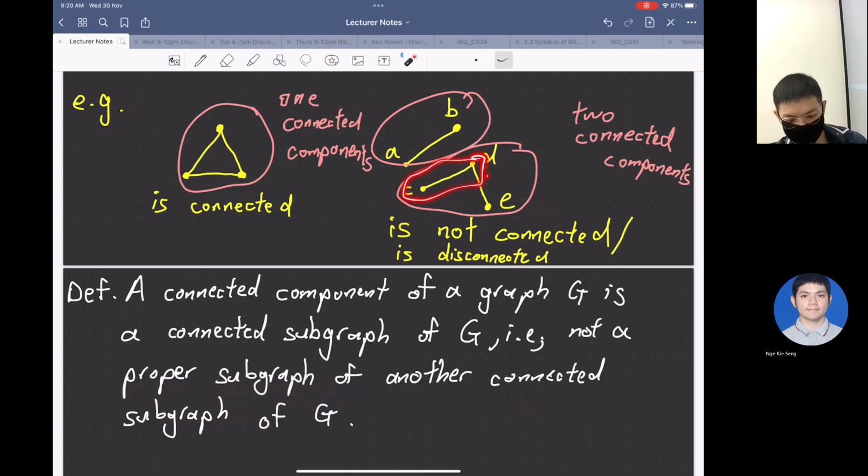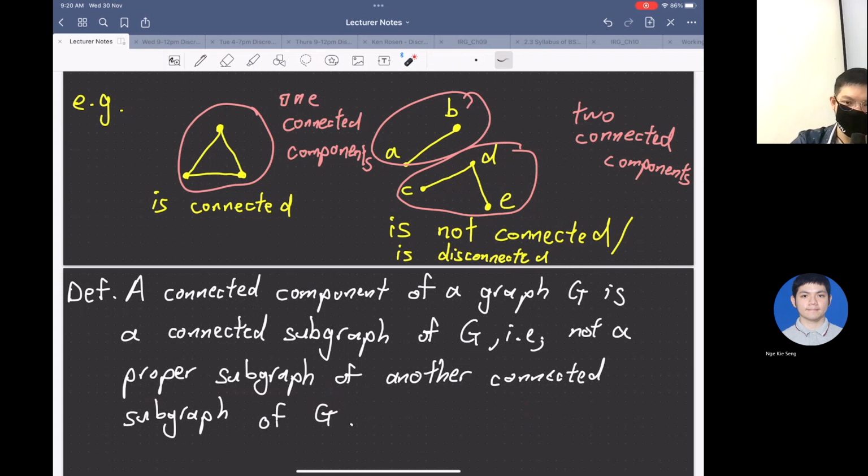So this one is a proper subgraph of a connected subgraph, so we don't want to consider further into this subgraph. We just want to look at the largest connected piece. Make sense?